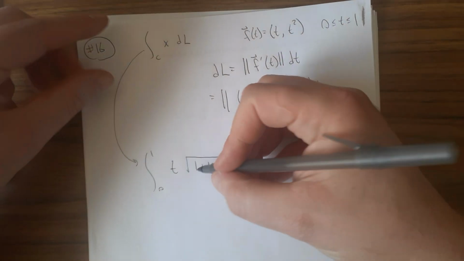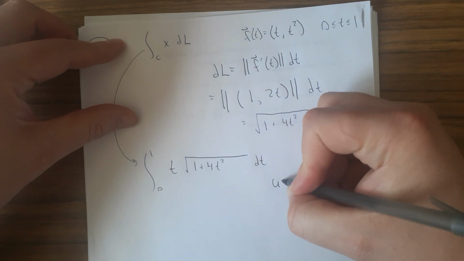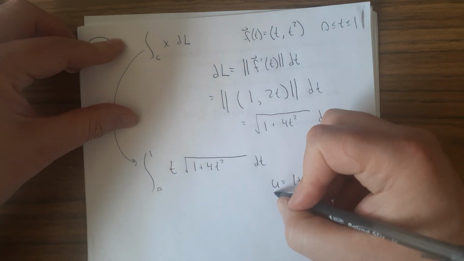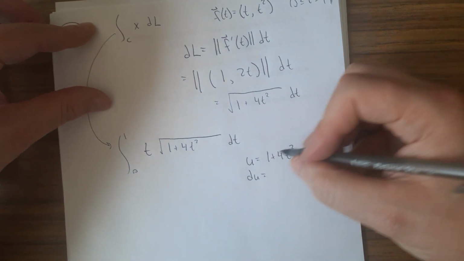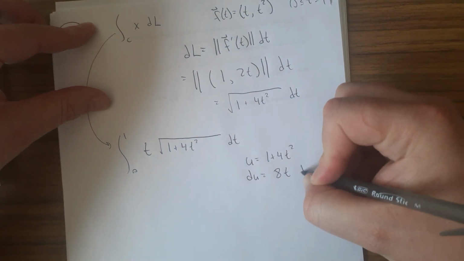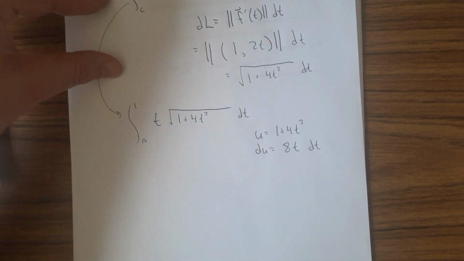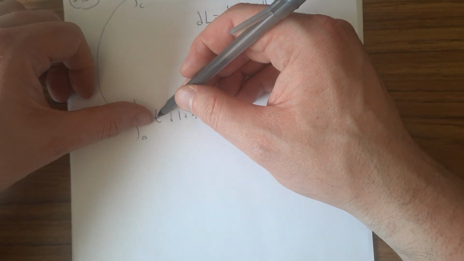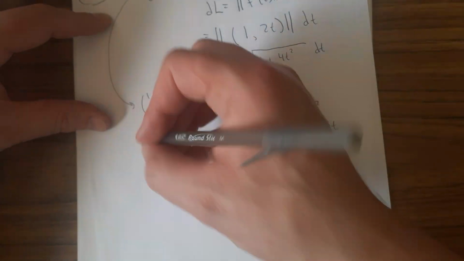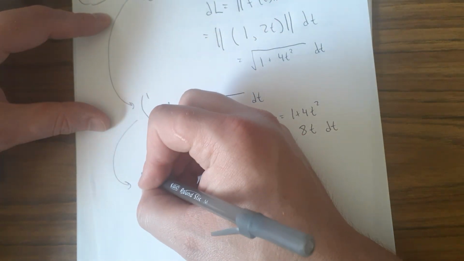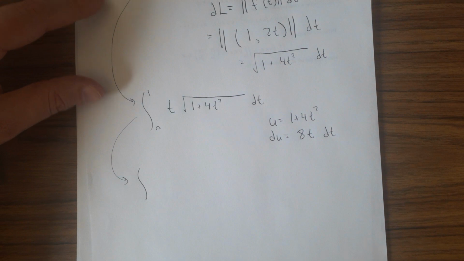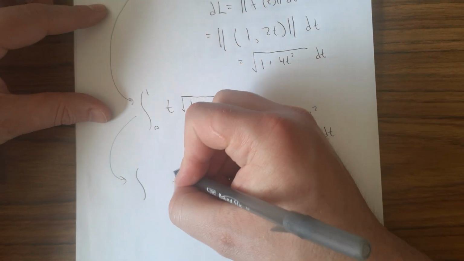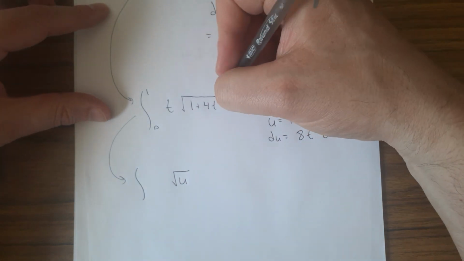I can let u be the inside of the square root. du is 8t dt. And I like that because I've got this t here. So let me rewrite this. Of course, this is just square root of u.